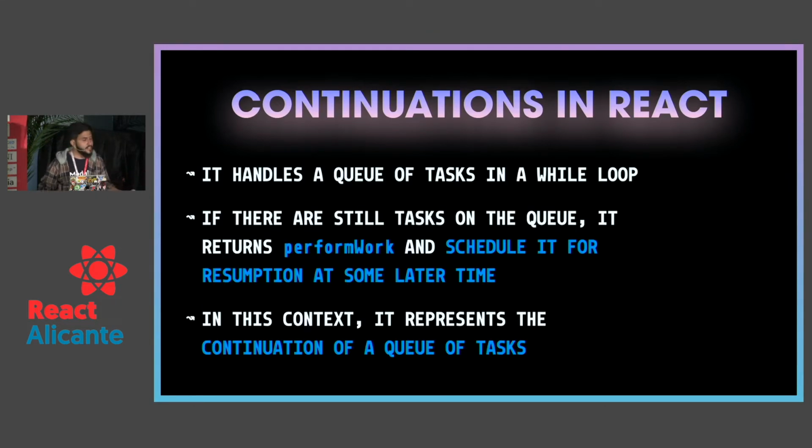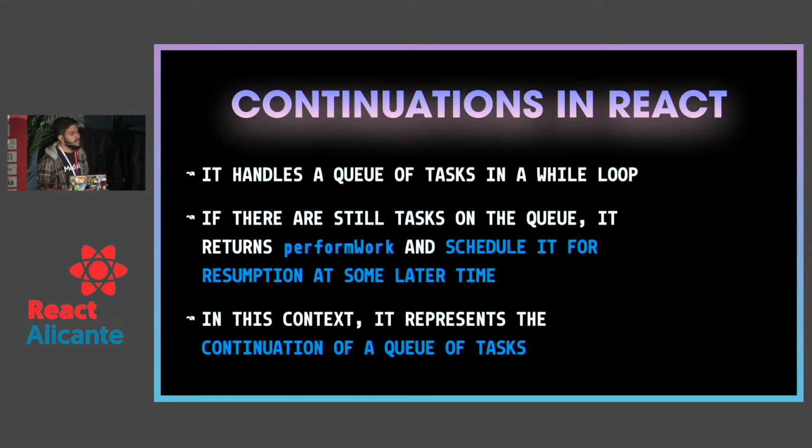What's happening here is this function handles a queue of tasks in a while loop, just like the one we had in our demo. And if there's still anything in the queue, it returns the perform work and schedules it for resumption after some later time. React has a lot of heuristics to determine that.